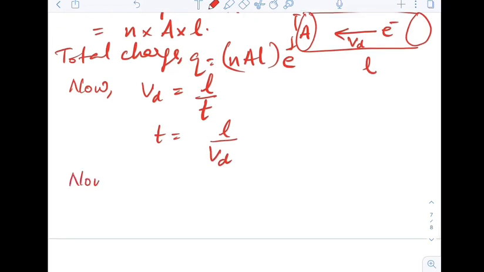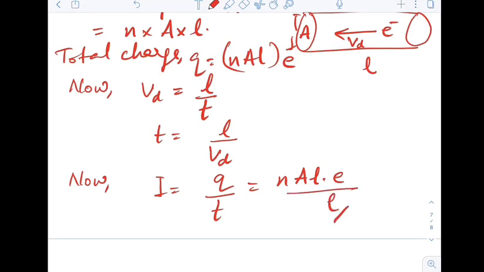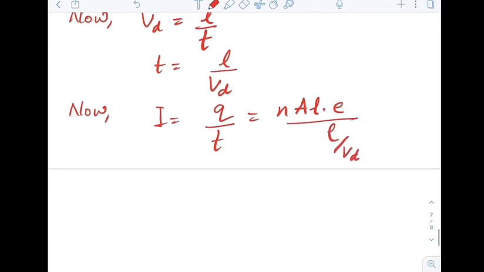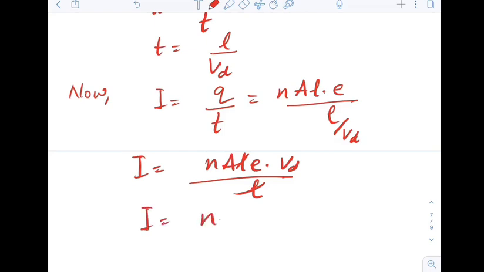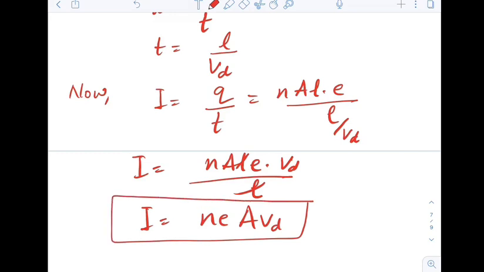Now also we know that current is equal to charge upon time, so it becomes N a L e upon time, which becomes N a L e upon L upon Vd. Here Vd will go up, N a L e into Vd upon L, L cancels out, and I am left with I is equal to N e A Vd, which is our required equation.